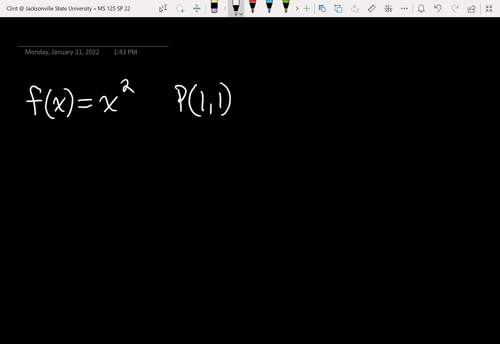So our definition we just saw said the slope of our tangent line, I'm going to call it m tan, is the limit as x approaches the x value of the point we want, which is 1.